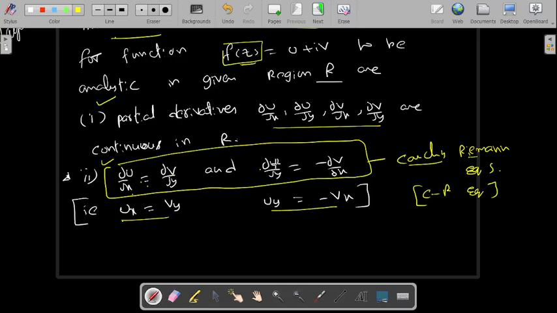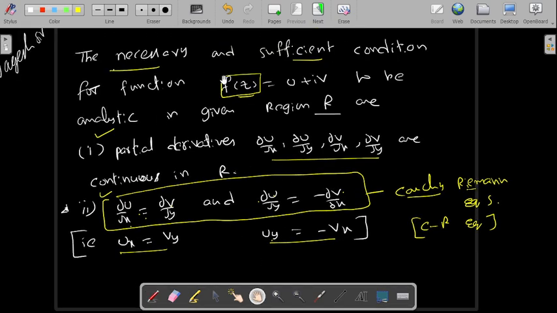Whenever you are asked what the CR equations are, simply say ux equal to vy, uy equal to minus vx. So for function f of z to be analytic, the partial derivatives must be continuous, and the Cauchy-Riemann equations must be satisfied.